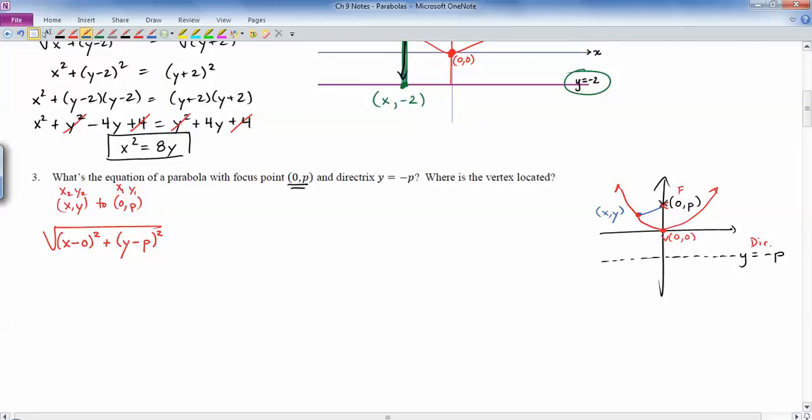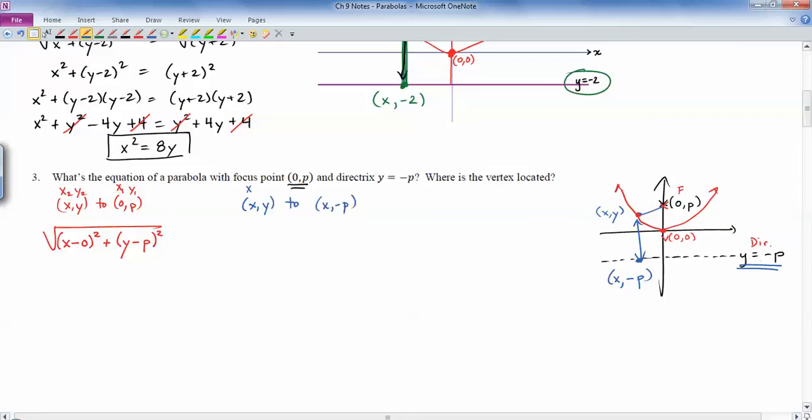And then if I do the same thing for this part right here, well, this point, the x-coordinate's the same as the one right above it, so that's x. And then the y-coordinate down here is negative p, because all the y's on that directrix have the value of negative p. So we're looking here for the distance from x, y to x, negative p.